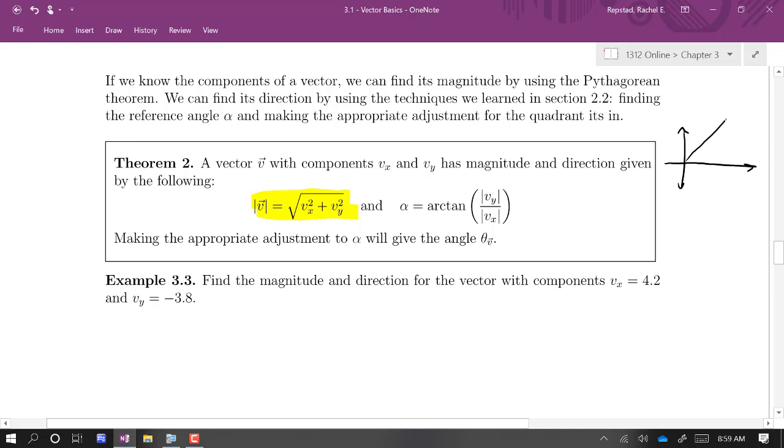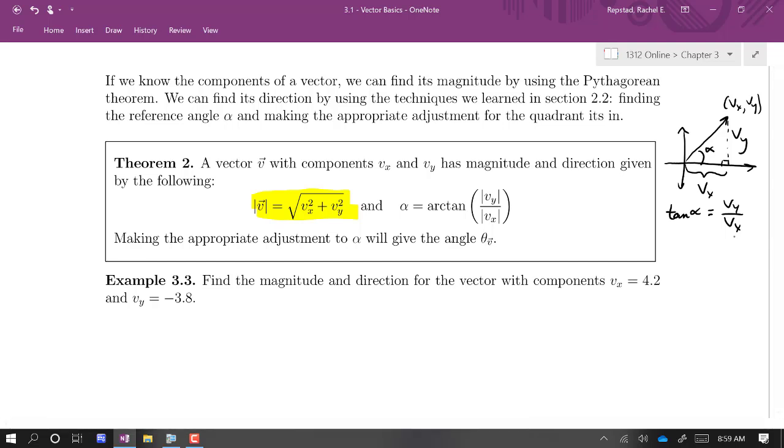Alpha is always in the first quadrant. So if I have Vx and Vy, then this is Vx, and this is Vy. SOHCAHTOA tells us that tan of alpha is Vy over Vx, opposite over adjacent. So when we find alpha, we're going to take arctan.